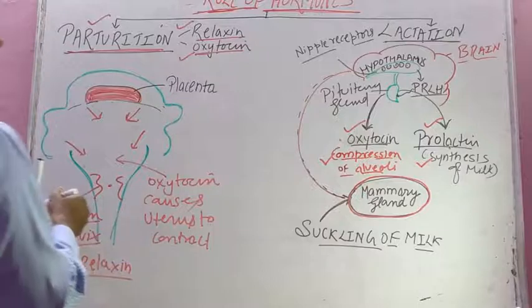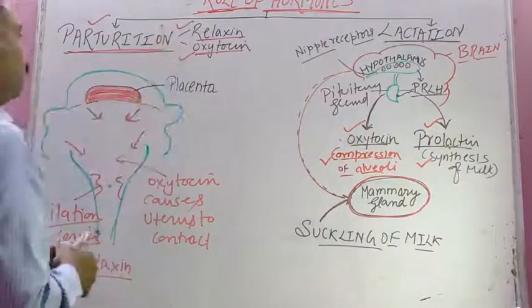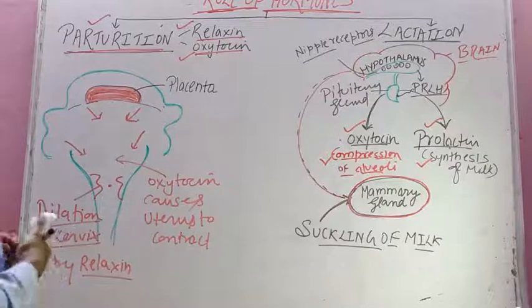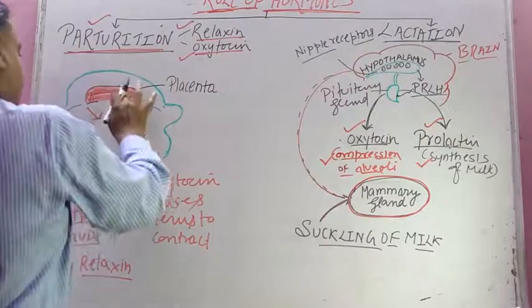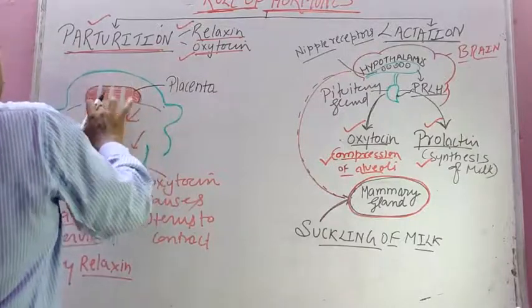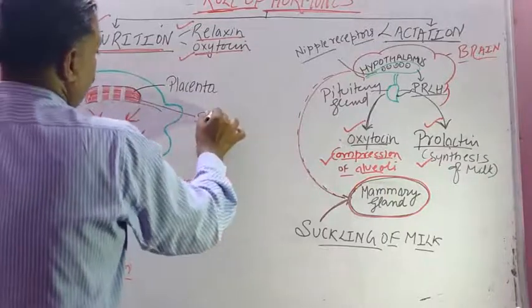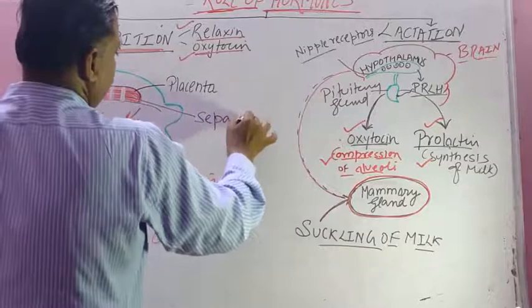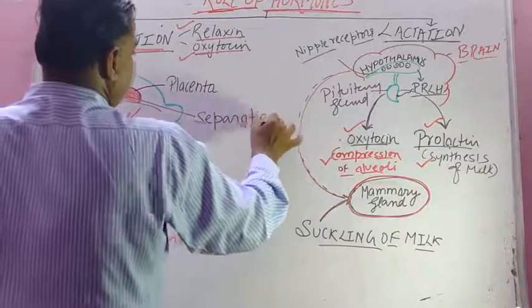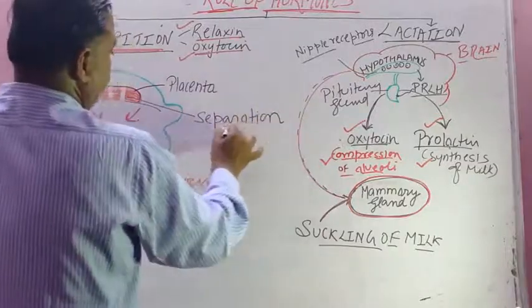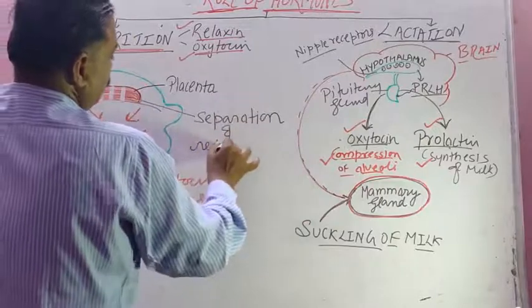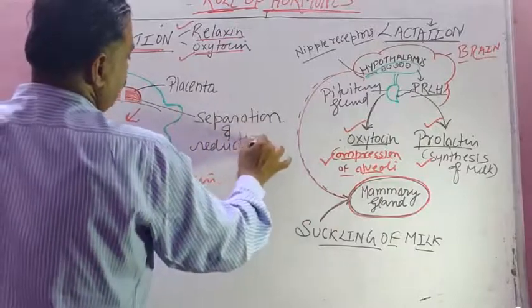And there is one more change occurring during this hormonal secretion, that is the placenta gets separated and reduced. Two things happen, separation and reduction in the size of the placenta.